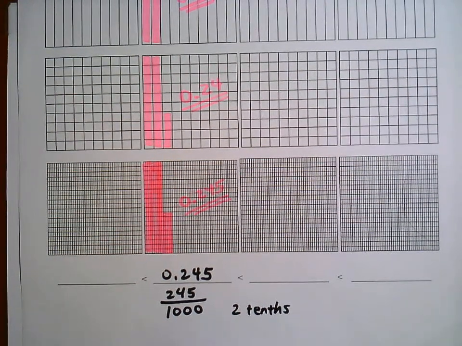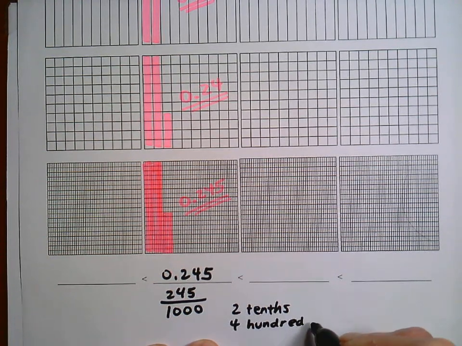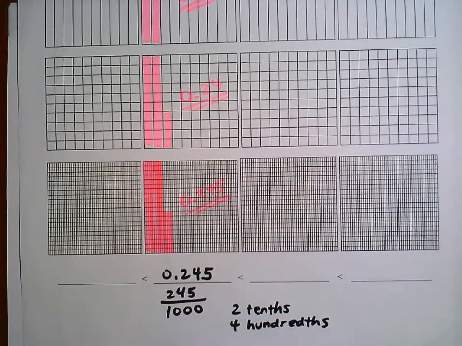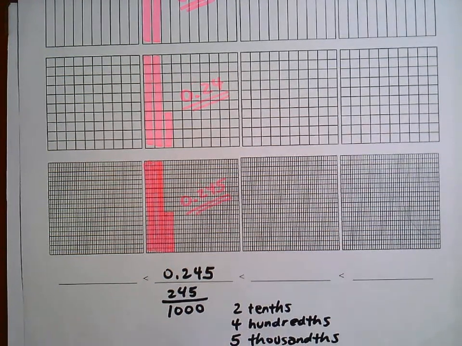We're talking about 2/10. And then the 4, that's a hard one to spell, 4/100ths. And then the 5 is these really small pieces. So the 5, we're talking about 5 thousandths.